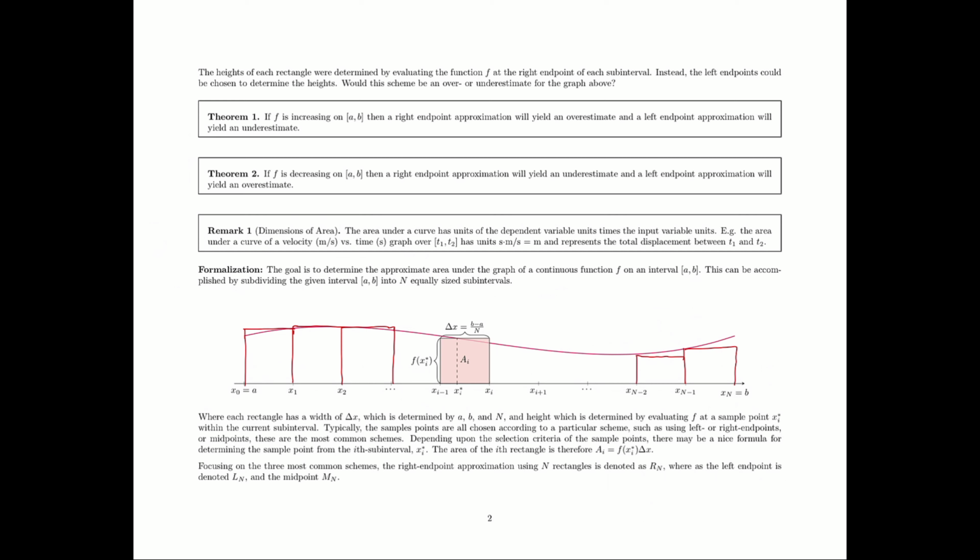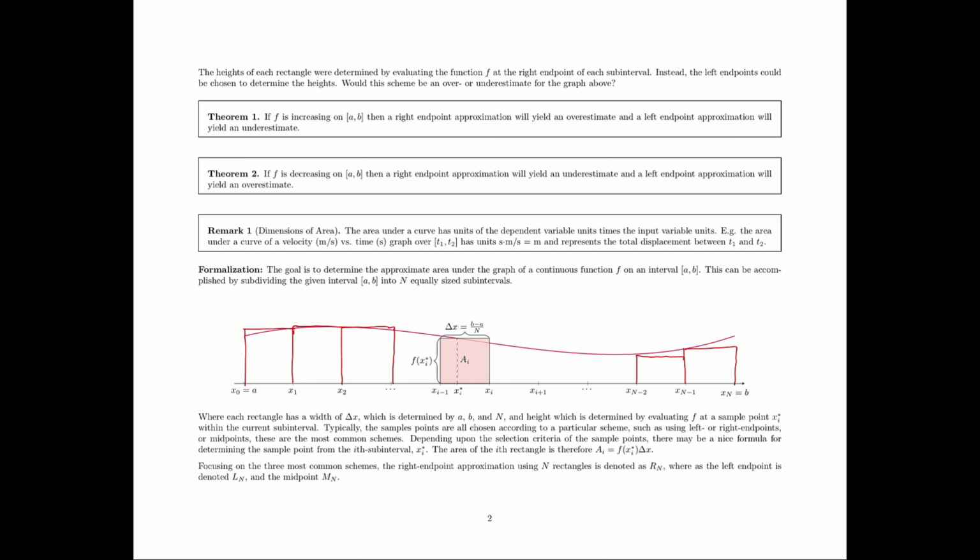So here we get some formulas. The widths of all of these rectangles are going to be exactly the same. They're all going to have length delta x. So delta x equals b minus a over n. Now the height of the rectangle is determined by plugging in any x value between the left endpoint of our rectangle and the right endpoint of our rectangle. Any point would work.